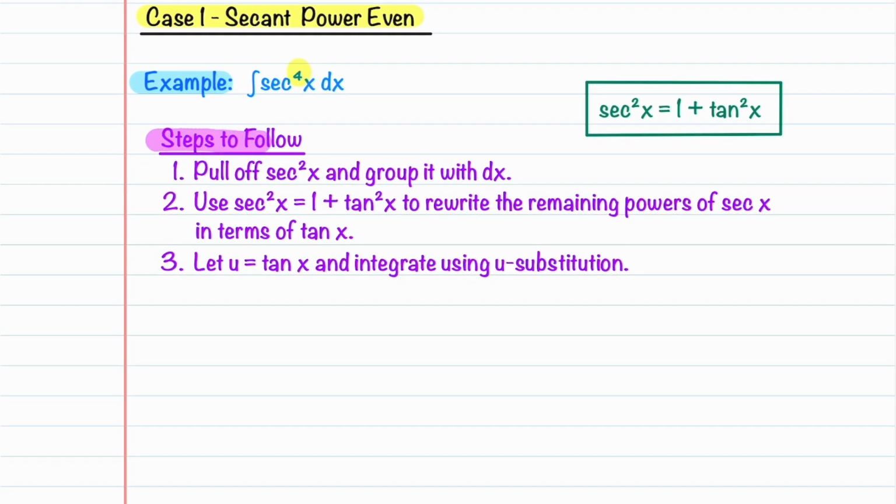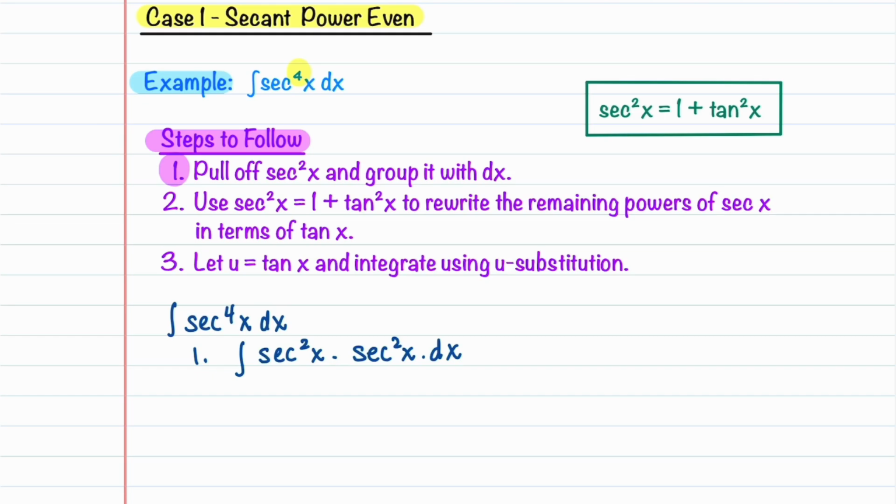I've written down steps that we can follow, and we'll work through these one by one as we walk through our example. Our first step is to pull off secant² x and group it with dx. We have the integral secant to the 4th x dx, and our first step is to pull off a secant², so we have a secant² x left, and then we have a secant² x that we pulled off, and our dx.